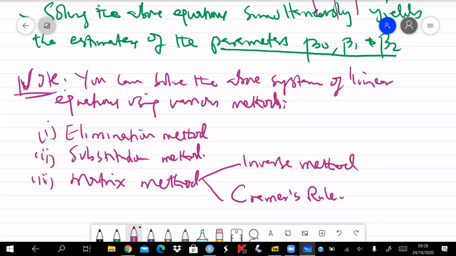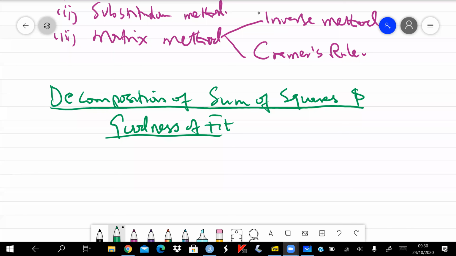Okay. So now I want us to move to the decomposition of the sum of squares and also how to obtain the goodness of fit. Just like we saw in our previous class, the sum of squares has three parts: the total sum of squares, the explained sum of squares, and the unexplained sum of squares.